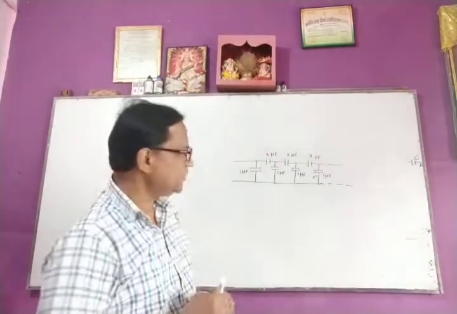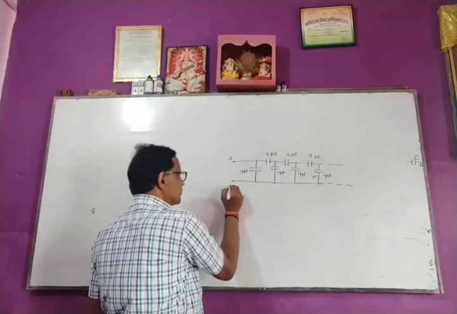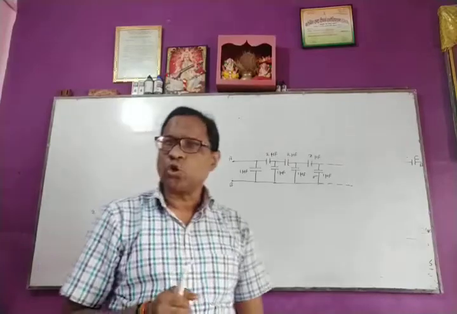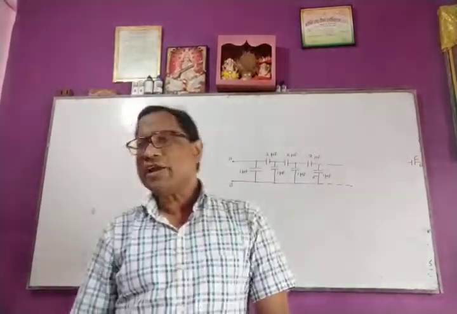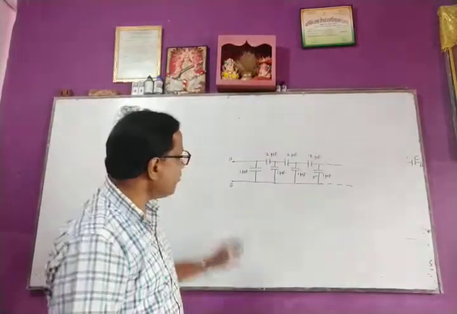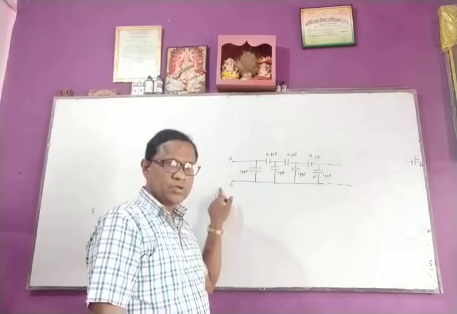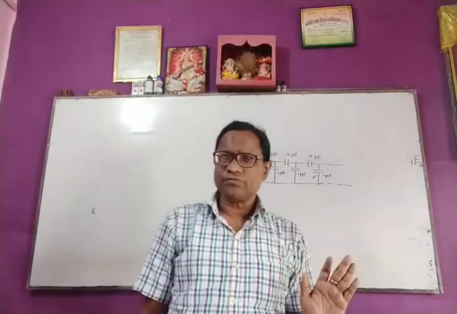In this figure, 2 microfarad and 1 microfarad are arranged as shown in the figure. We have to calculate the equivalent capacitance between the points A and B. So imagine it is an infinite ladder.